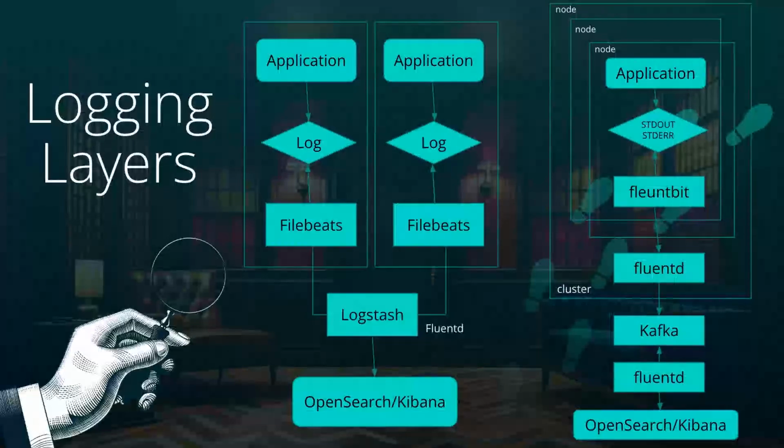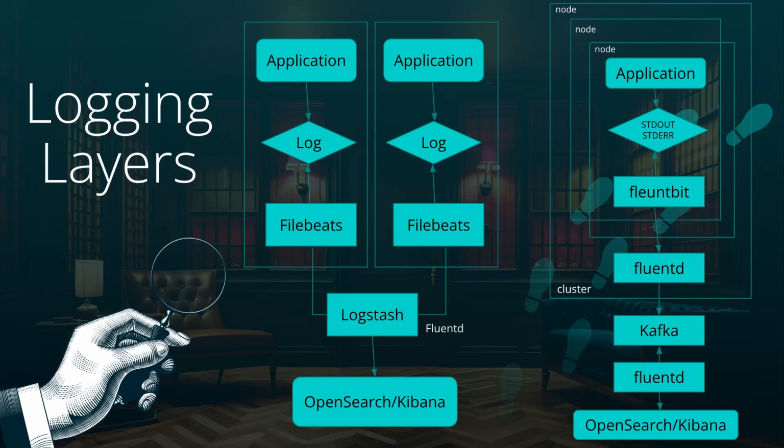So this was the application stack for our logging layers when I started here at iHerb. We had lots of different touch points and no central control over them. On our VMs, we had Filebeat. It's not represented here, but we also had standard syslog going into a Logstash and then into an OpenSearch Kibana instance.